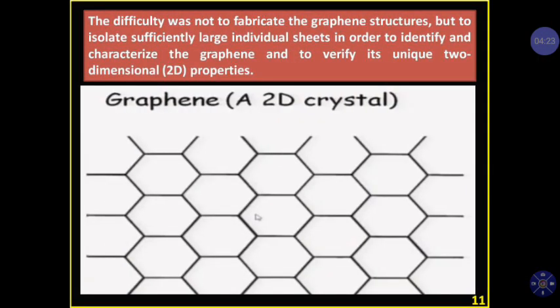The difficulty was not to fabricate the graphene structures but to isolate sufficiently large individual sheets in order to identify and characterize the graphene and to verify its unique 2D properties.